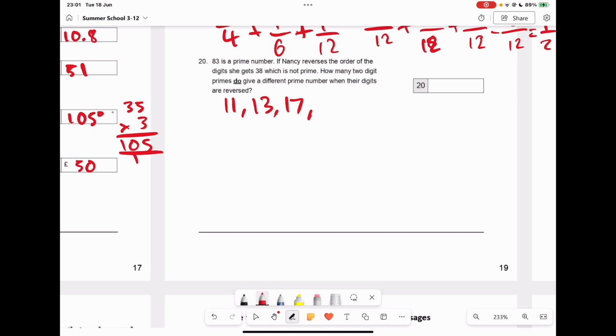20, 21, 22, 23. No, 24, 25, 26, 27, 28, 29. No, 30, 31. 31 could count. 71 could count as well then. And then we also have 33, 34, 35, 37, 37 and 73. 1, 2, 3, 4, 5, 6, 7.